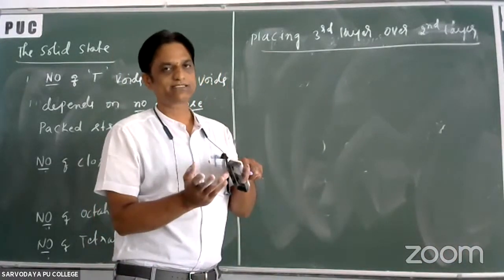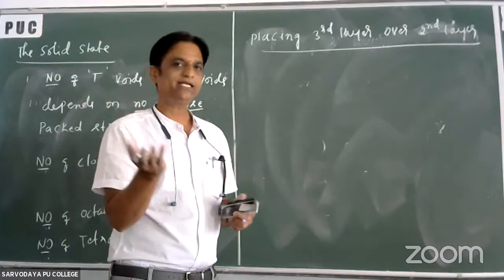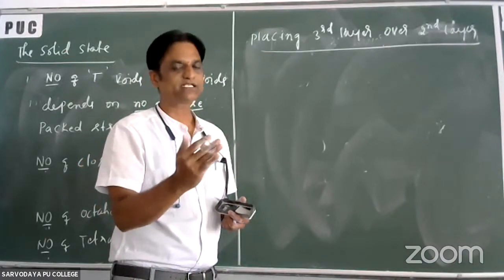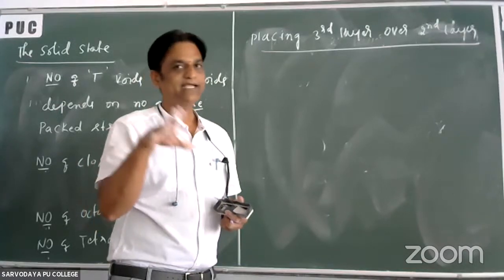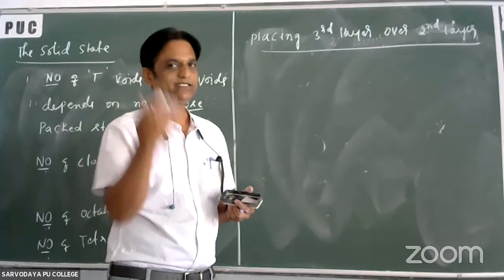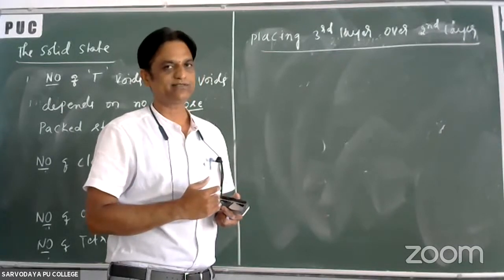So we have discussed when the second layer is placed over the first layer of hexagonal close pack structure, what are the types of voids that are generated and what is the relationship between those voids and the number of close pack structures.